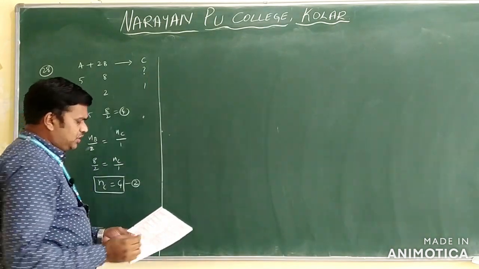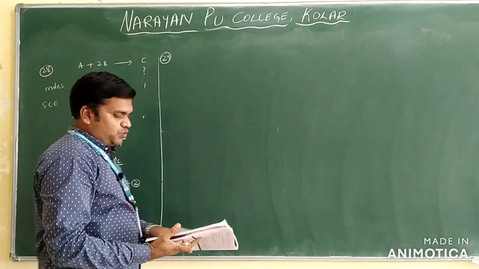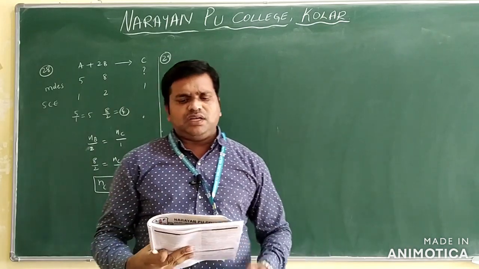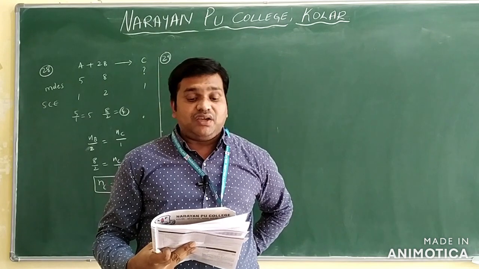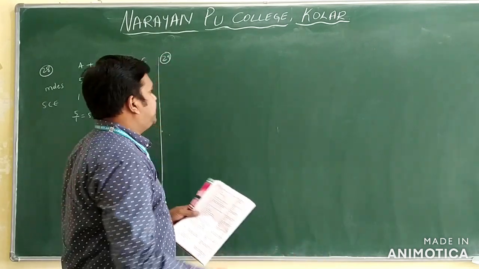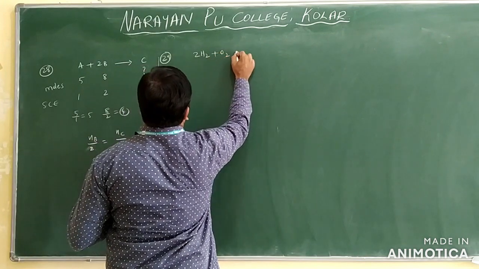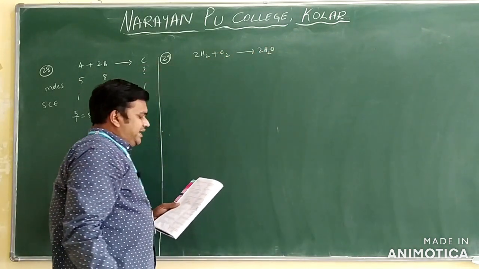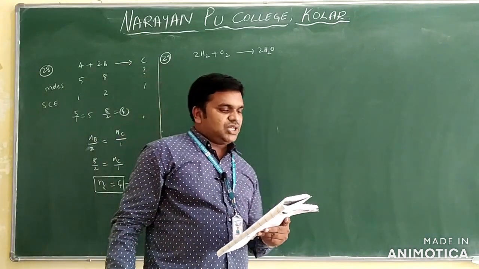Same model questions only. Come to the next, we have question number 29. Calculate the amount of H2 left unreacted in the given reaction. The reaction is 2H2 plus O2 gives rise to 2H2O. 8 grams of H2 is mixed with 16 grams of O2.